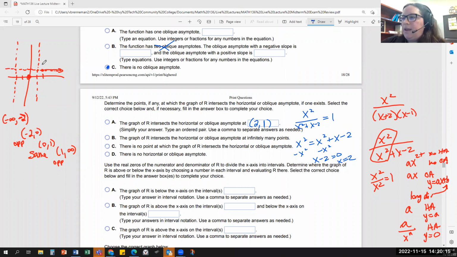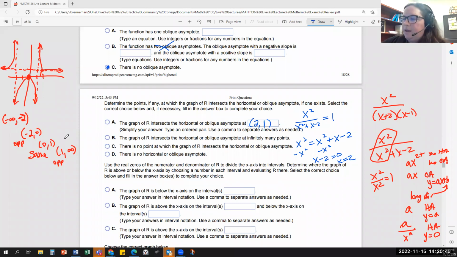It can't cross over, so it can't go down from here, because it has to flatten out alongside the vertical asymptote. So it has to go up there, but then it has to switch, so it's going to be down alongside the vertical asymptote on the other side. It's going to touch at 0, and then go back down again. And then it has to be opposite on the other vertical asymptote, so it's going to be up, and it's going to flatten out along y equals 1 to the left.